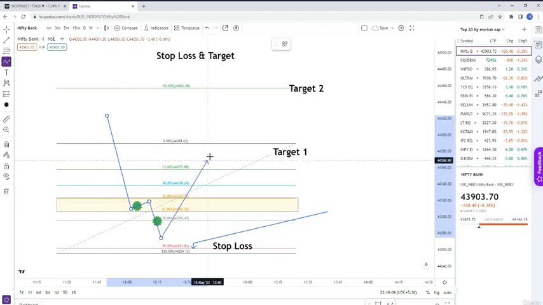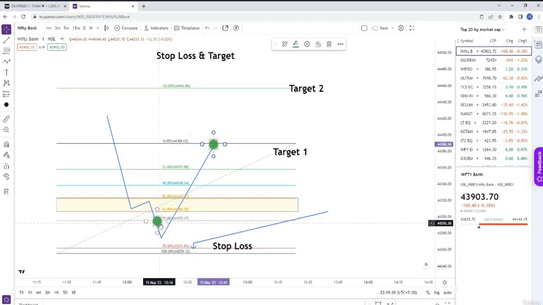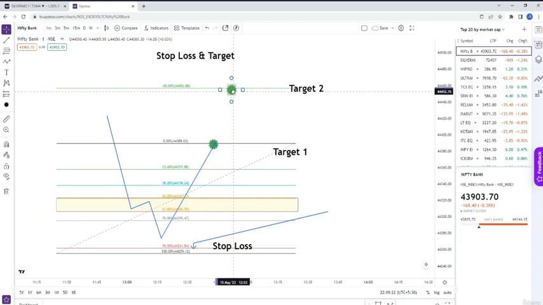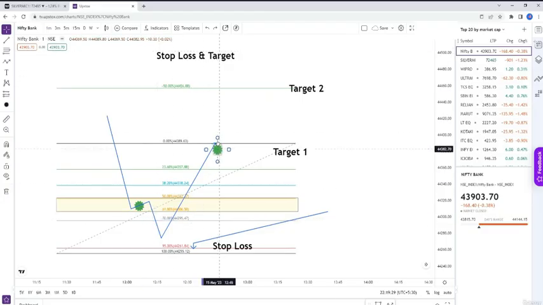When the market is going up to 0%, you would be eliminating your one lot. Your one lot will be eliminated here. And then you will remove your another lot, which is at minus 50%. So one lot will be eliminated at this, another lot will be eliminated at this.